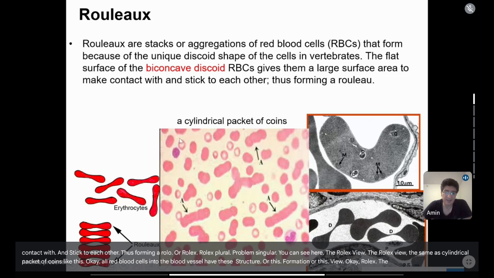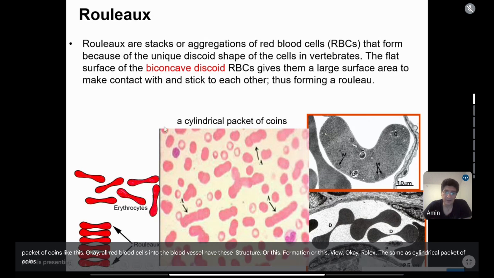The same as a cylindrical packet of coins. Here, a smear of blood cells. You can see here Rouleaux view, and here, all of them are Rouleaux view. The same as a cylindrical packet of coins.